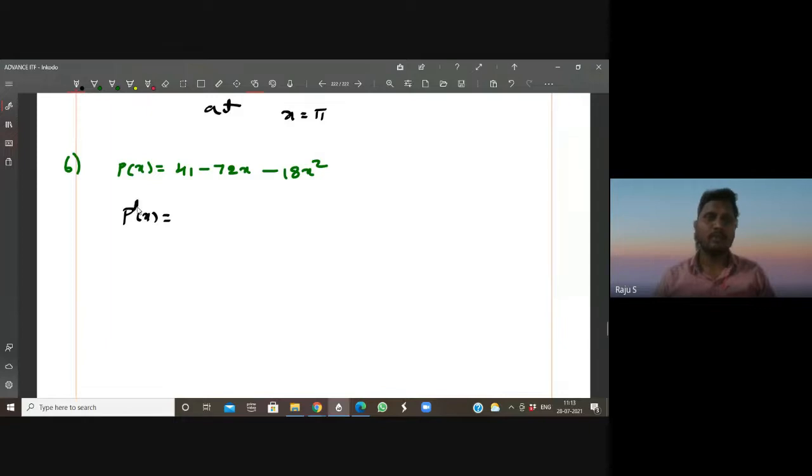What is p dash of x? Yes, 0 minus 72 minus 36x. Am I right, students? For maxima and minima, to find the critical point, p dash of x equating to 0.